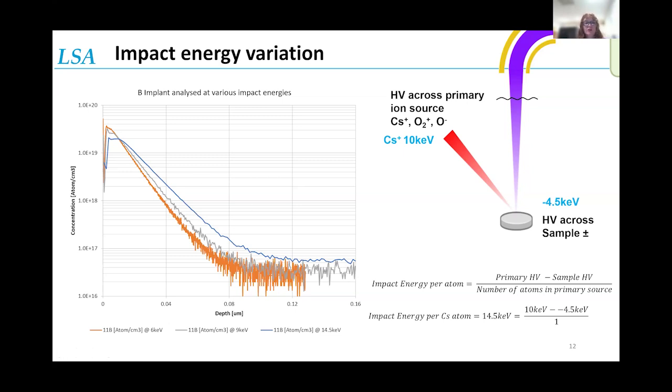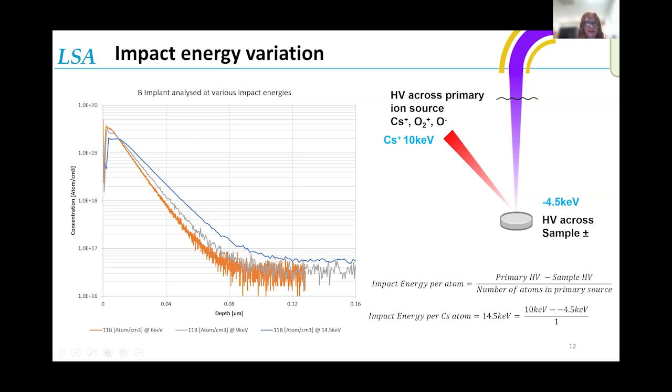So it's really important when you're getting implants measured that you have the same impact energy on each, or you make sure you compare the dose rather than the peak concentration, because these will change depending on impact energy. If we have really shallow implants, we try to use a low impact energy so we can get a sharp interface and see the shape of the peak. But a lower impact energy gives a much slower profile.